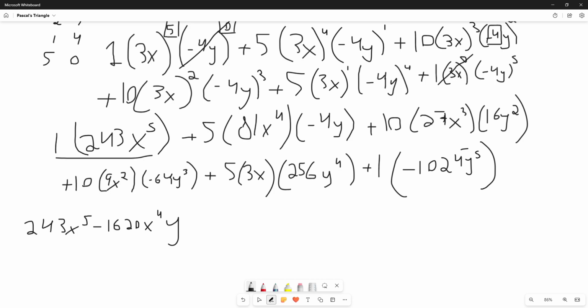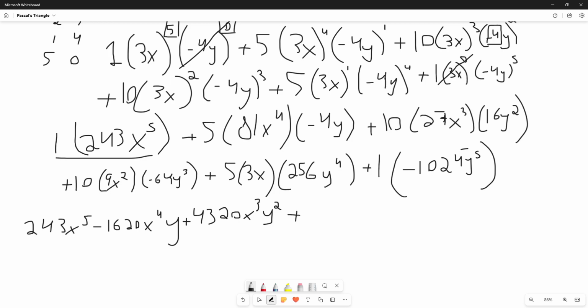Next, we do the plus 10. So we can do 10 times 27 multiplied by 16, which is 4,320. And then we can bring across the x cubed and the y squared.